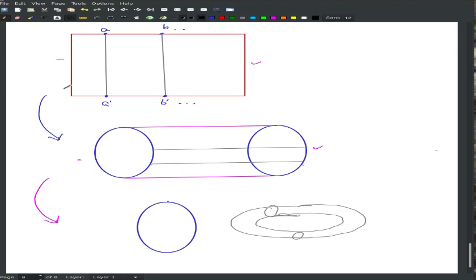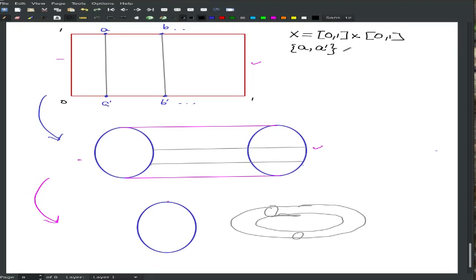you can think of this as say X being the unit square, 0,1 cross 0,1. And what is your equivalence relation? What is your partition?